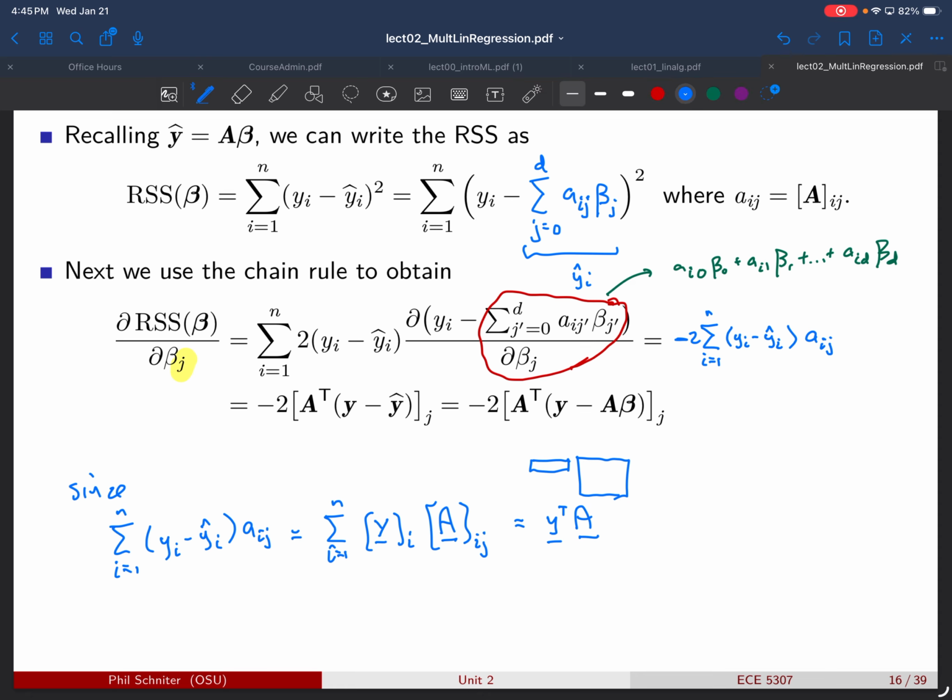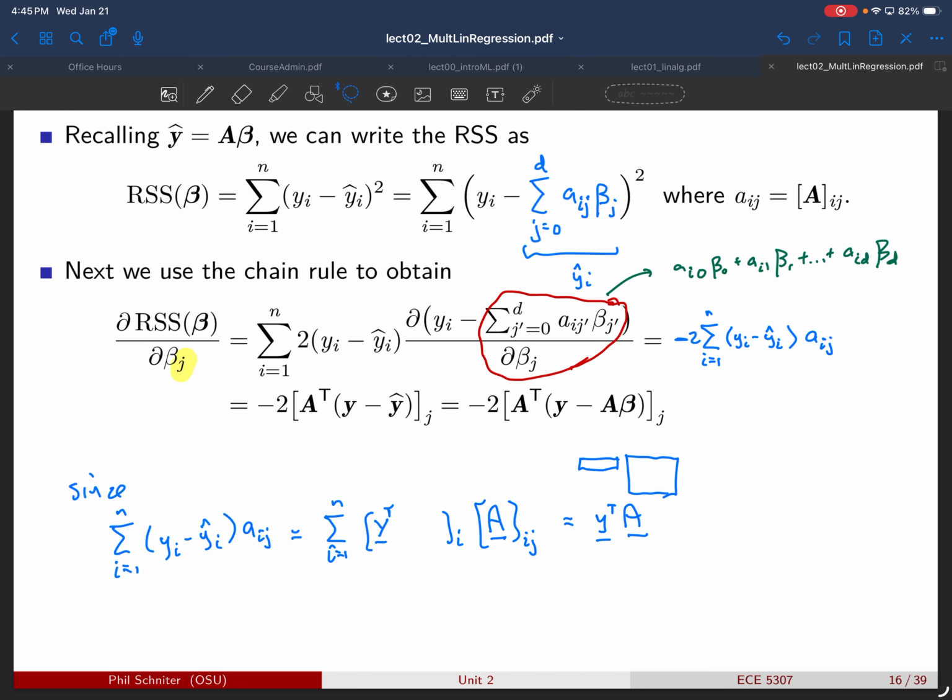And then the final thing is to realize, oh, actually, I could have put a transpose there because the ith term of y transpose is the same as the ith term of y. Actually, I messed up something, I apologize, I forgot about the y hat i. So there should be a y hat term too. I had totally forgotten about this term. Sorry about that.